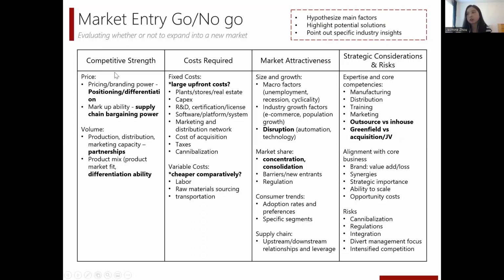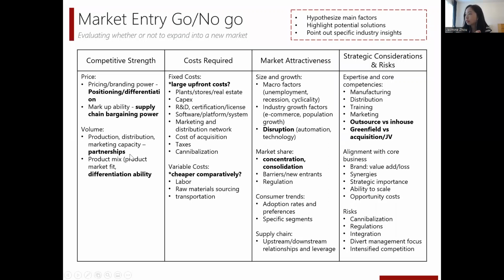So instead of saying revenue or revenue optimization, I named this bucket competitive strength, just because that's a bit more relevant to what you're actually trying to assess here. And then costs, market attractiveness, strategic considerations, and risk, those names remain more or less the same.